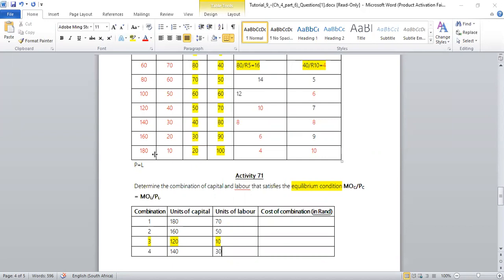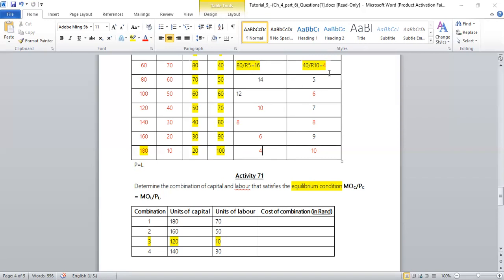Here, you see, this one is 180. Let me highlight in yellow. 180 is the unit of capital on this combination of 4. And guys, we agree that our equilibrium condition is met where our labor is equal to capital.